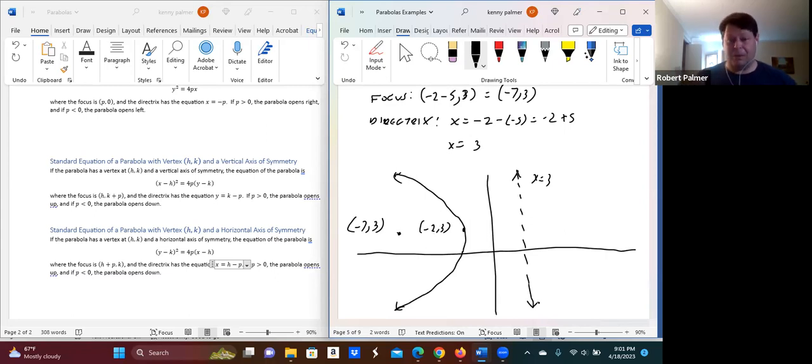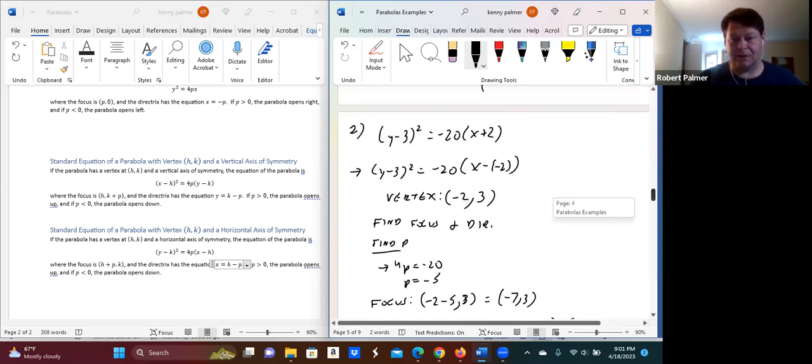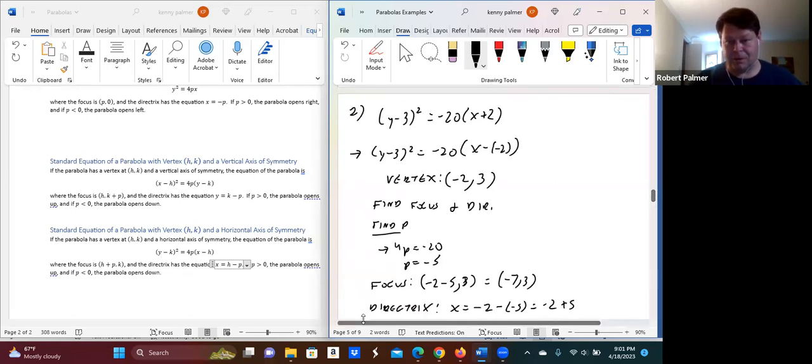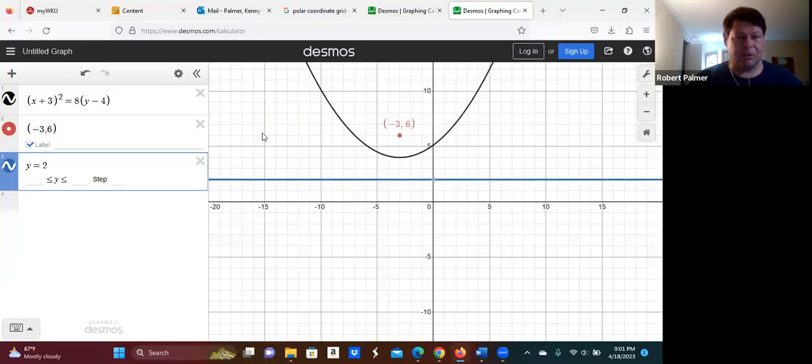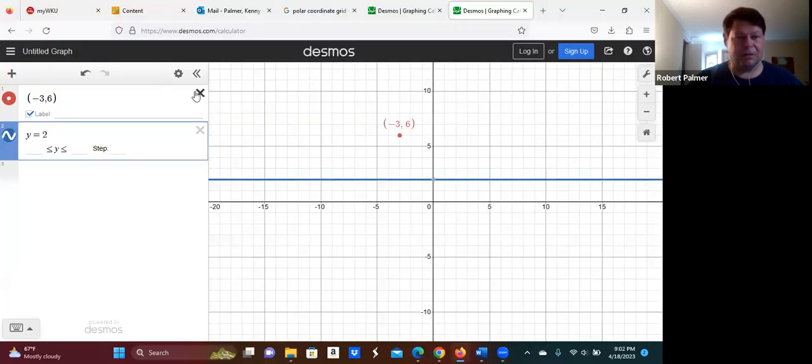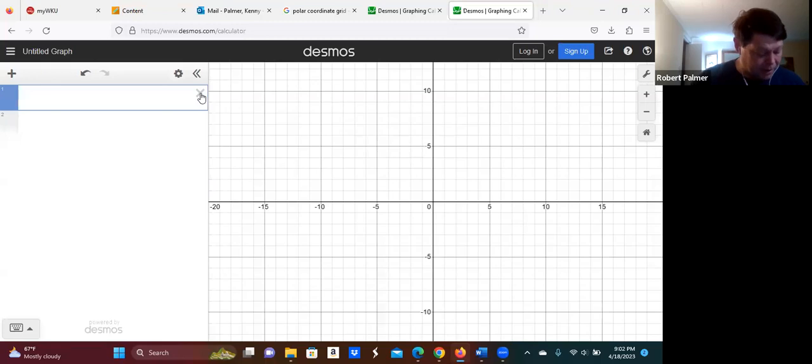Okay, now let's graph that and make sure that's correct. Graph it on Desmos, make sure it matches that. I'm just going to get rid of all this. And we can type it in just the way it was given to us.